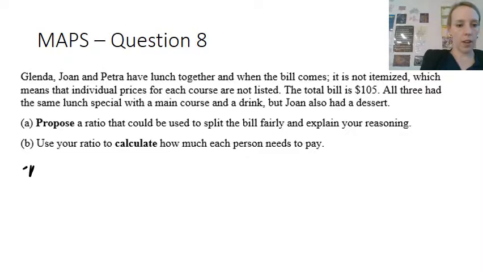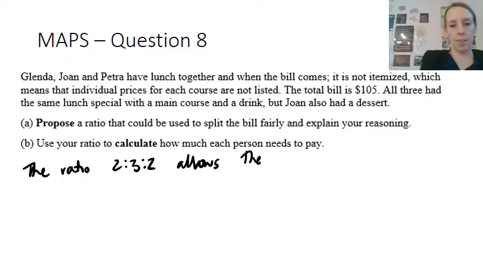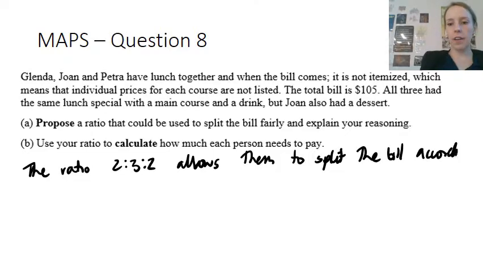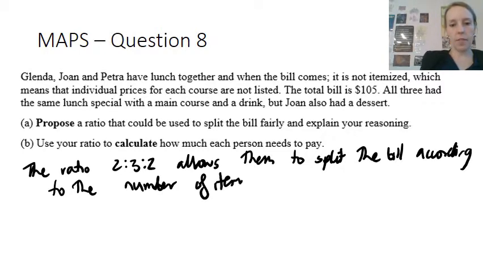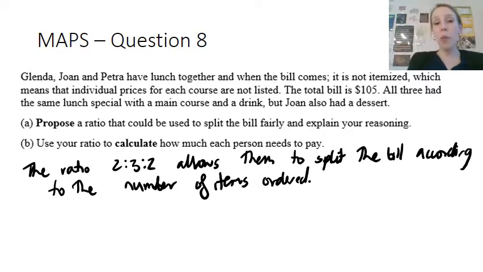So the ratio 2:3:2 allows them to split the bill according to the number of items ordered. There we go. That's just an example. You might have split this a different way. That's okay, as long as you've got some reasoning and you've got some working to show how you got to your answer, that would be an acceptable answer.